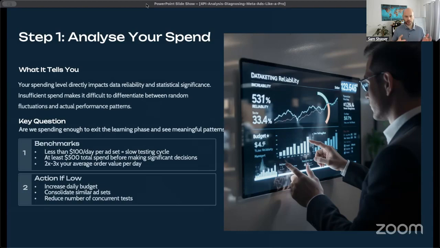Meta's always going to prioritize its users and its user experience over your desire to generate sales and leads. So by leveraging CBO and working in line with the creatives that Meta wants to spend on, we know that those creatives out of the ones we've developed are more in line with Meta's objective.